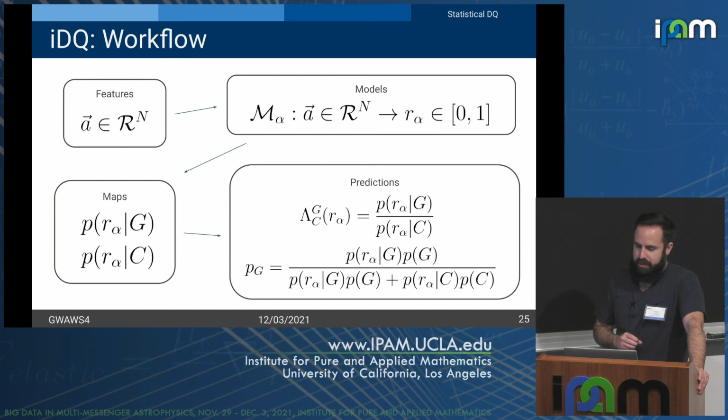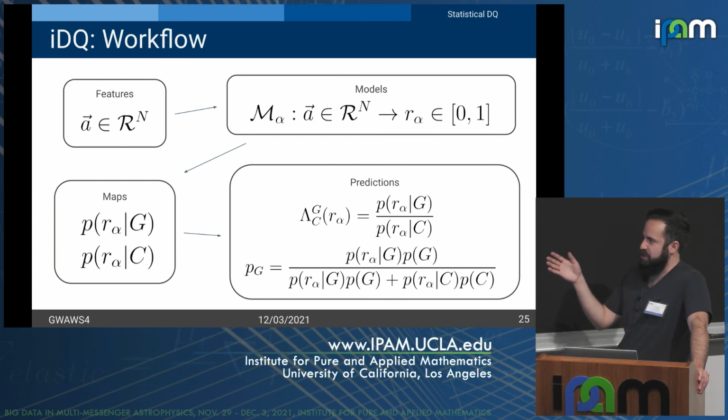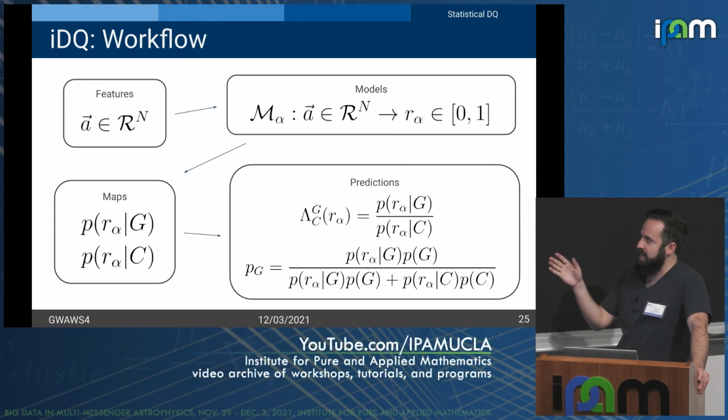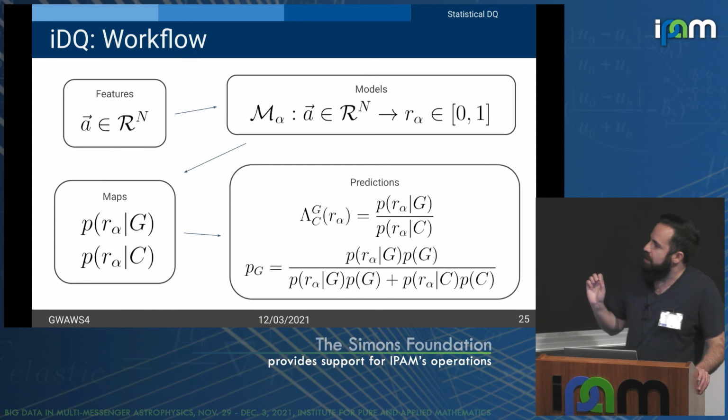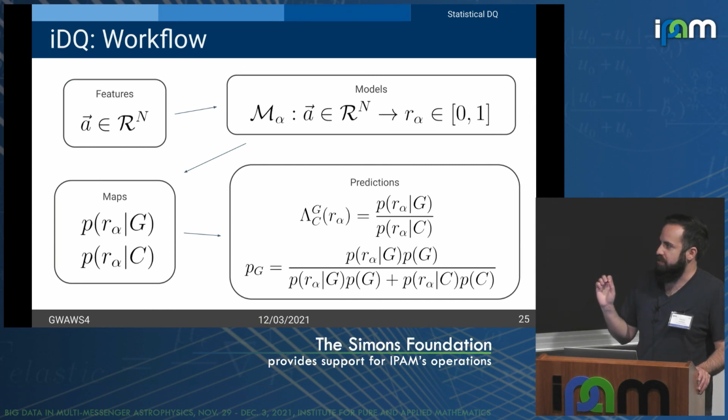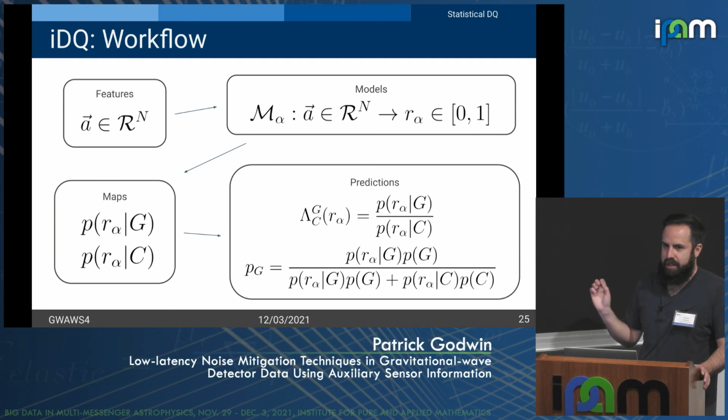All right, so this is another way of looking at the same data. We have input features that are n-dimensional. We have this supervised classifier that makes a model that maps these feature vectors into a scalar rank from 0 to 1. And then what we can do with that information is create these maps, effectively these glitch and clean likelihoods.